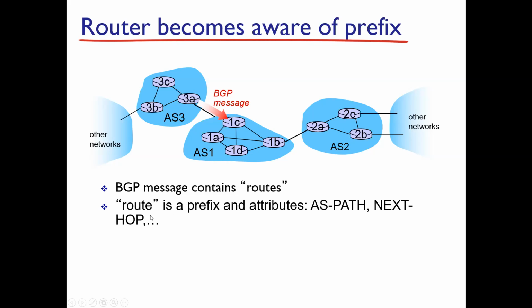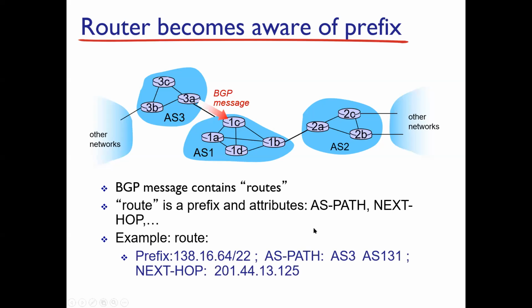So for example, the route is a prefix, an attribute such as the autonomous system path, the autonomous systems through which you can reach that destination range of addresses or that prefix, as well as the next hop to actually get there. So an example is the range of addresses we wrote there: to get to there, this is the path AS3, then beyond that AS131. So these are the two ASs that you need to traverse to get to there.